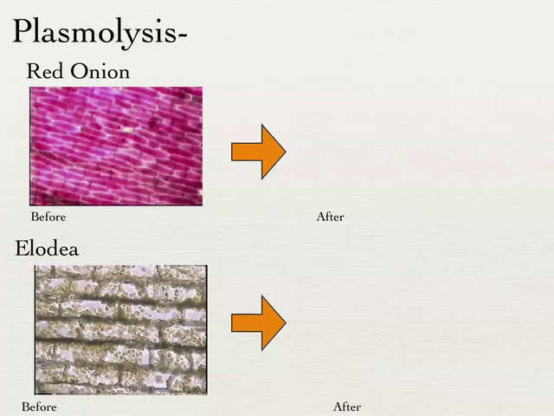Okay, the last slide I have for you today has to do with looking at how osmosis can affect cells. All right, so we know that cells placed in very salty water, what will happen to them?